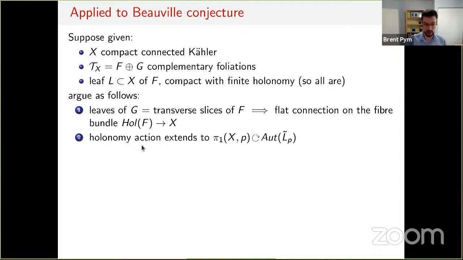But now we can observe that since this bundle has a flat connection, actually the fibers carry an action of the fundamental group of X. So pi1 of X acts on the holonomy covers, and this is an extension of the holonomy transformations along the leaf.